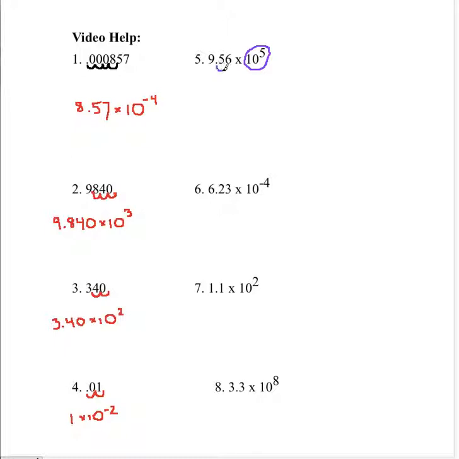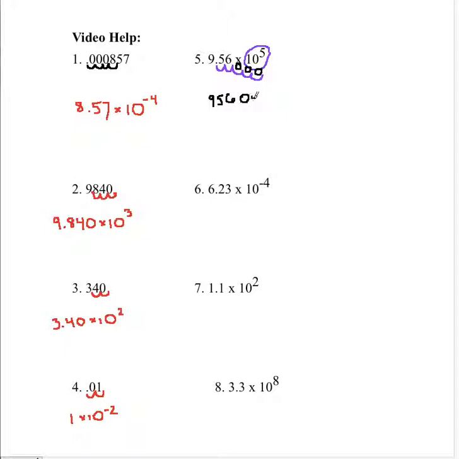So I've got 1 place, 2, 3, 4, 5. Where the space is, I'm going to put zeros in there. So this number will become 9, 5, 6, and 3 zeros after.